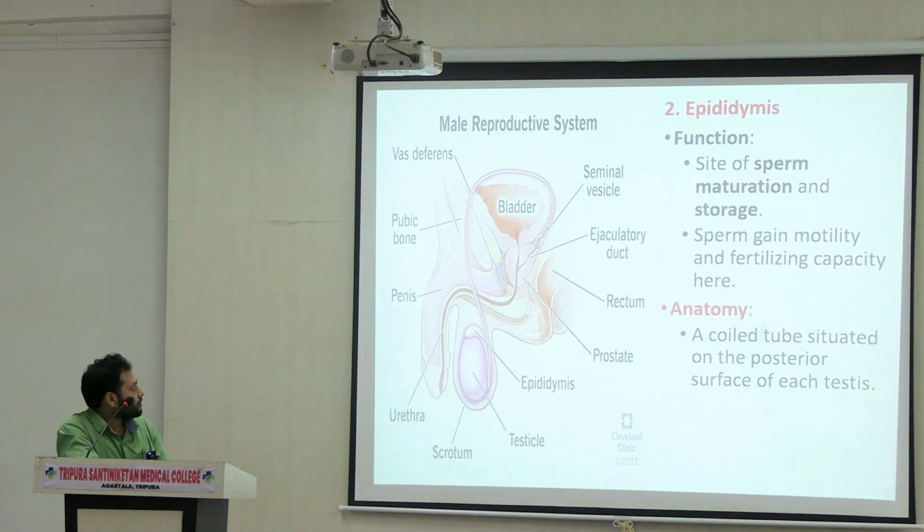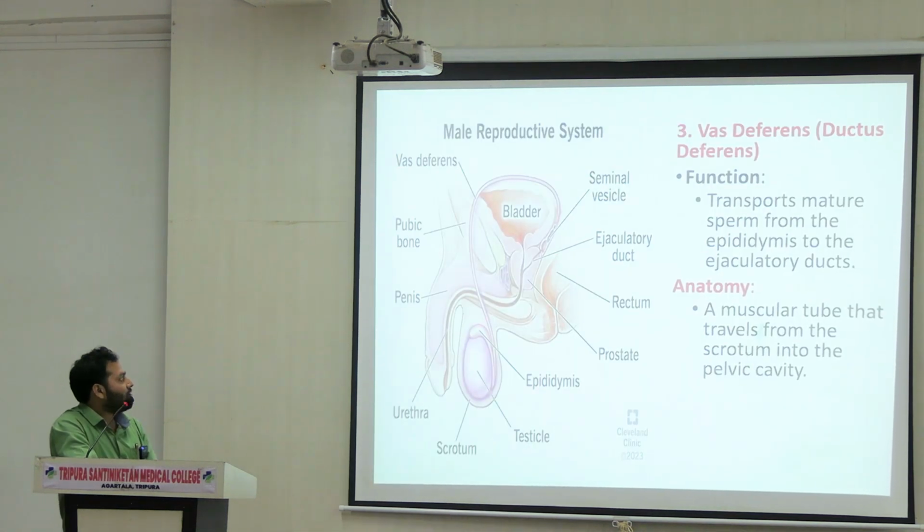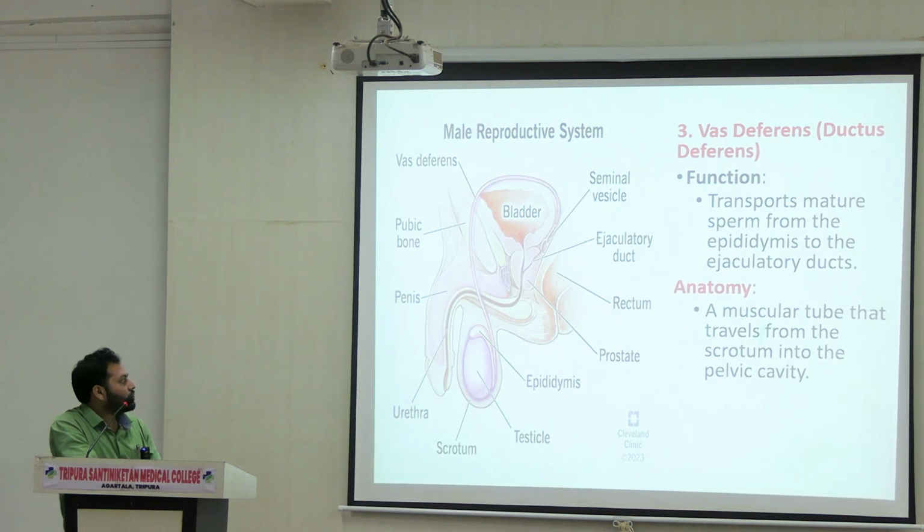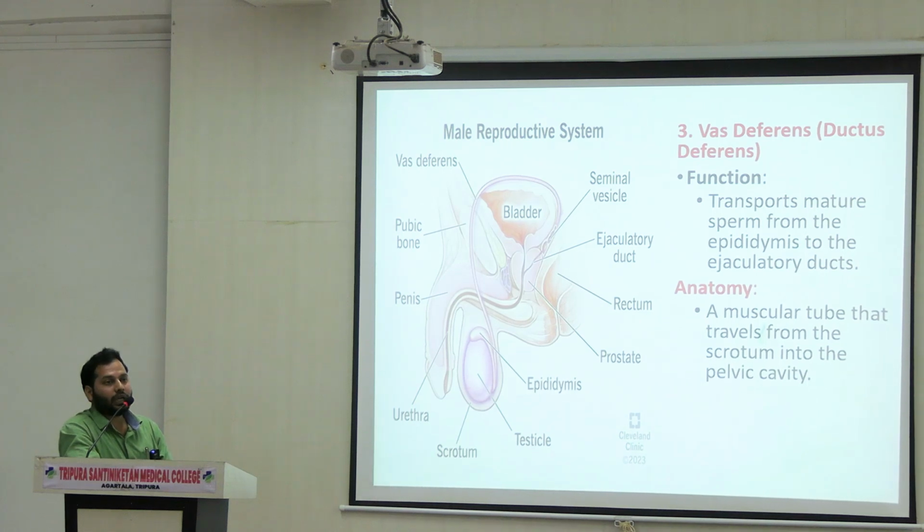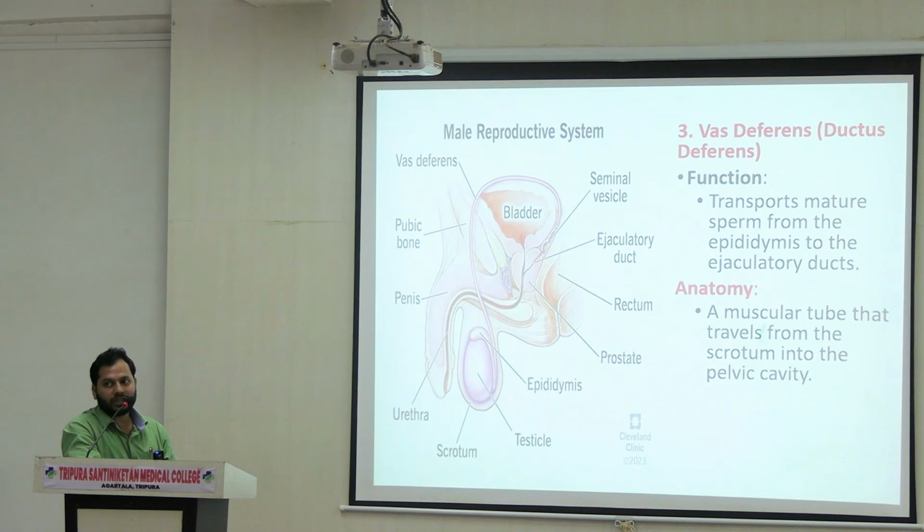You can see here, this is the Vas Deferens, a muscular tube that travels from the scrotum into the pelvic cavity. The Vas Deferens, or ductus deferens, is mainly involved in the transport of mature sperm into the ejaculatory duct. So up to this point I have mentioned three different parts. The first is the testis, the second is the epididymis, and the third is the Vas Deferens. All these parts are basically the external parts.